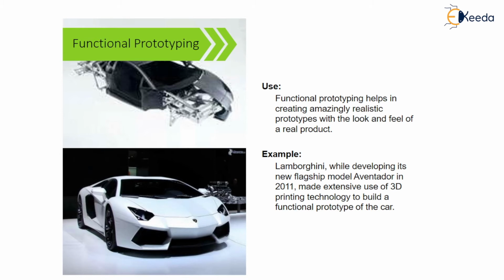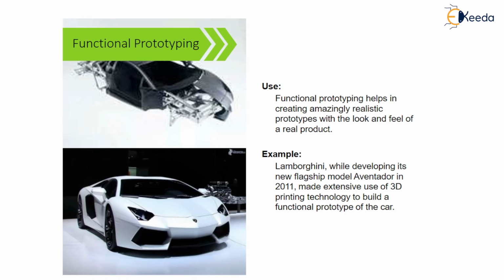Functional prototyping helps in creating amazing realistic prototypes with the look and feel of a real product. For example, Lamborghini, while developing its new flagship model, the Aventador in 2011, made extensive use of 3D printing technology to build a functional prototype of this car.